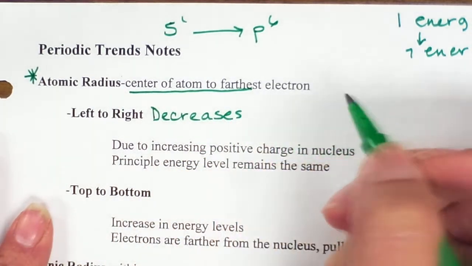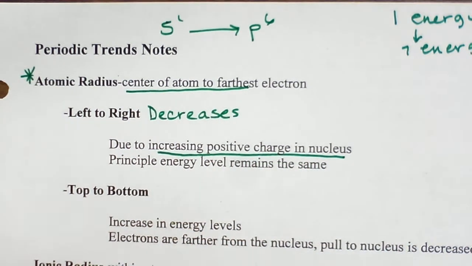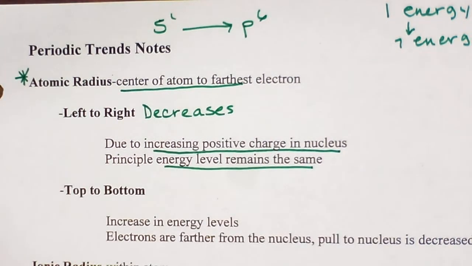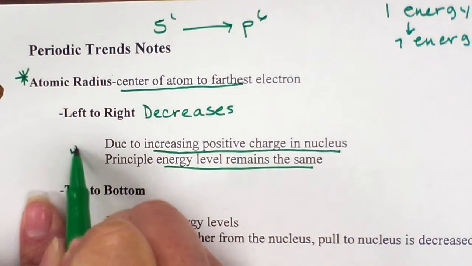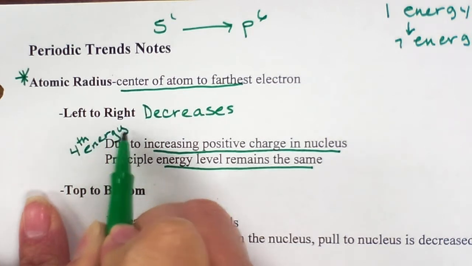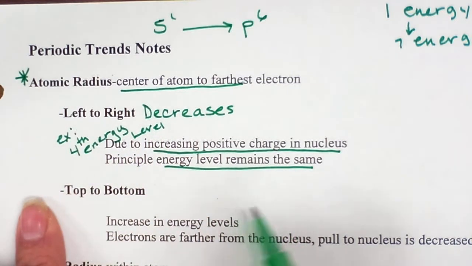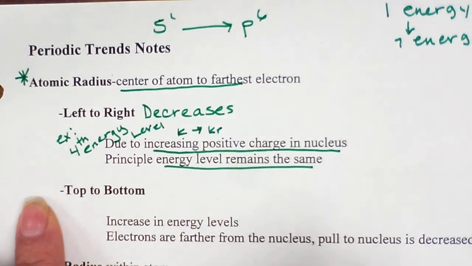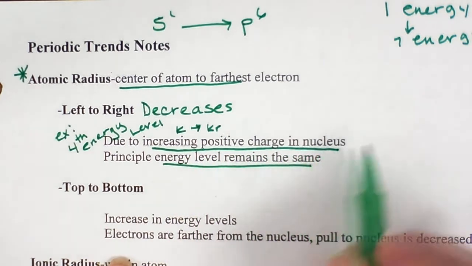And the reason that this happens is because there is an increasing positive charge in the nucleus, but the energy level remains the same from left to right. So if we look at, say, the 4th energy level as an example, so N equals 4, just as an example, going from potassium over to krypton, we're piling more protons into the nucleus.